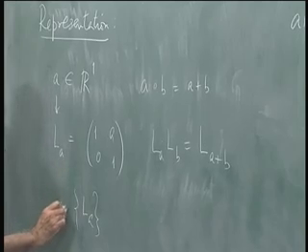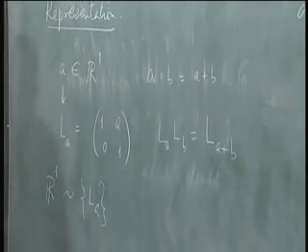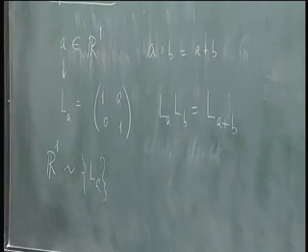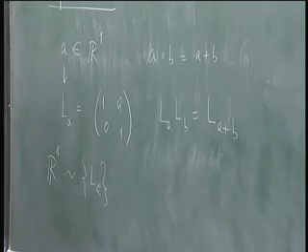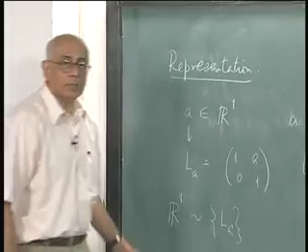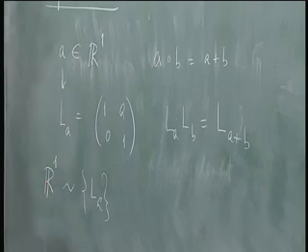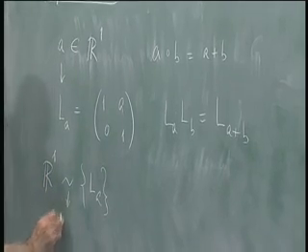This is isomorphic to R1. There is a one-to-one mapping, and it is a 2 by 2 matrix representation of real numbers. It is not the simplest representation, but it is a representation, and everything you can do with real numbers you could as well do with this in here. Maybe not very useful very often, but it is certainly a representation, and by this symbol I mean an isomorphism.